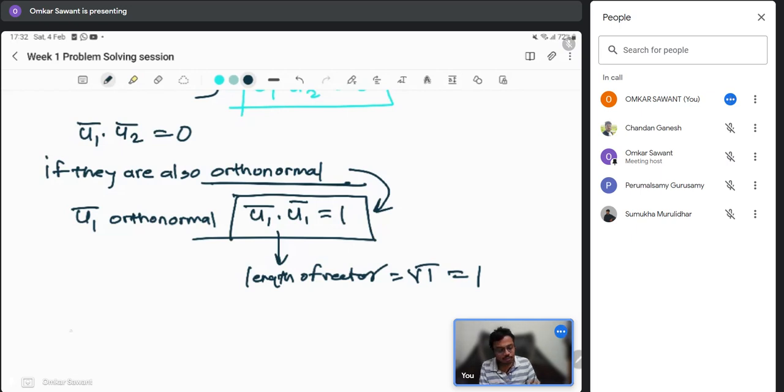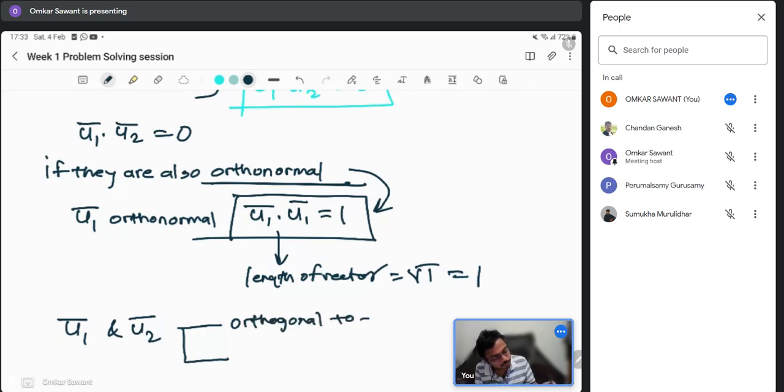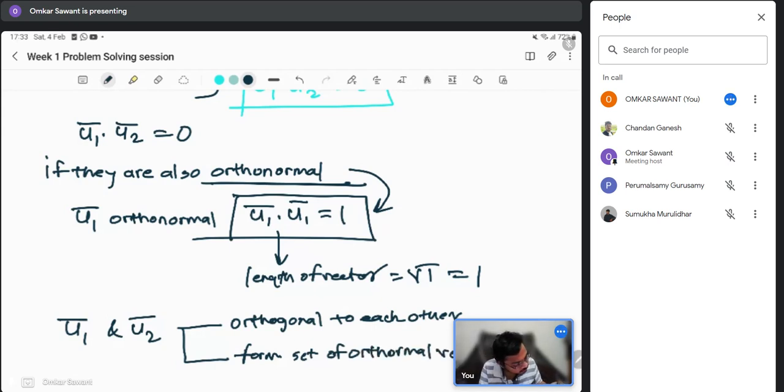If you have given u1 bar and u2 bar, these are orthogonal to each other and form a set of orthonormal vectors if each has length 1. Is it clear?